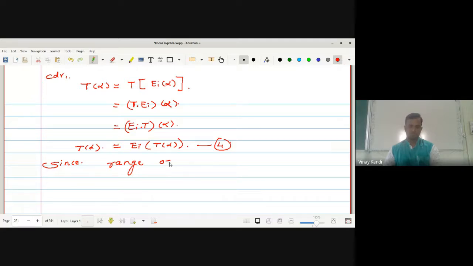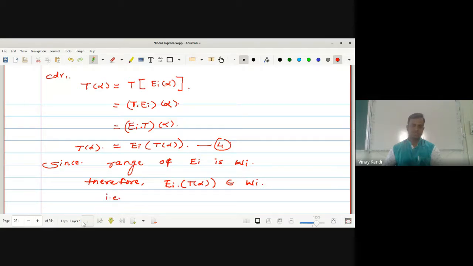Range of Ei is Wi. Therefore, this Ei into T of alpha is in the range of Ei. This belongs to Wi. Is it correct? Yes, sir.